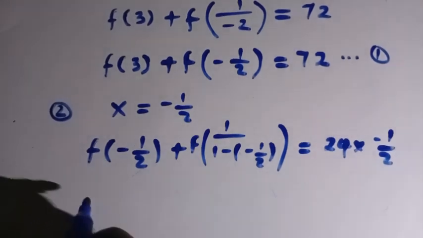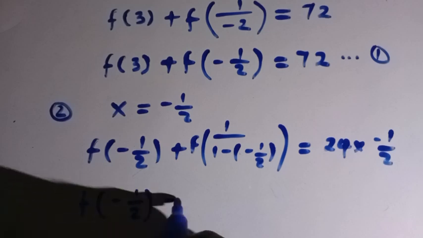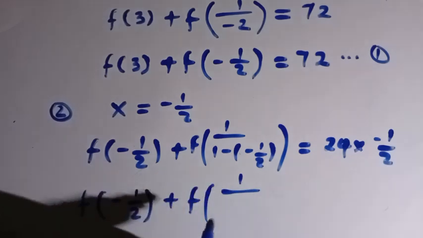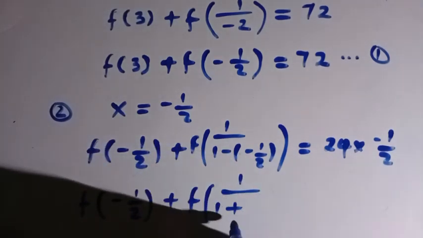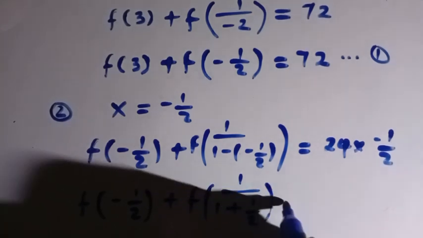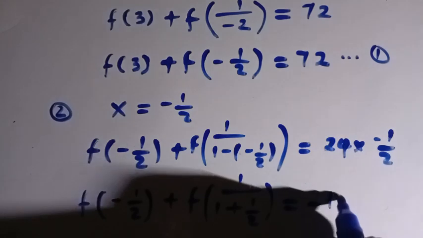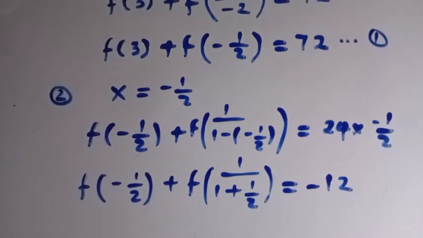Then we have f of minus 1 over 2 plus f of 1 divided by 1 plus 1 over 2 equals, so 2 will go into 24, that is 12 times, and we have minus there, which gives us minus 12.